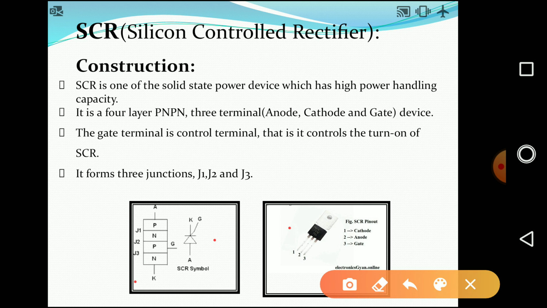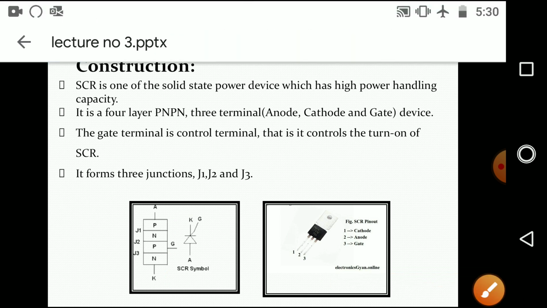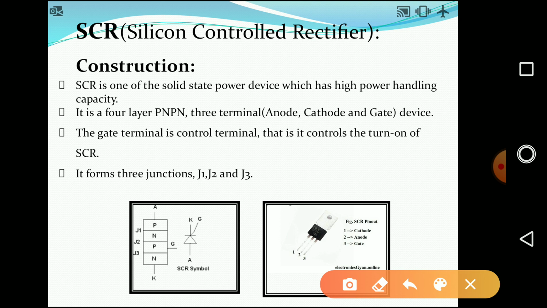In the layer diagram, it has 4 layers, that is external P layer, internal N layer, internal P layer and external N layer. So it has 2 P layers and 2 N layers. It is a PN semiconductor device with 3 terminals, that is anode, cathode and gate. In the symbol also we can observe the anode, cathode and gate terminals.